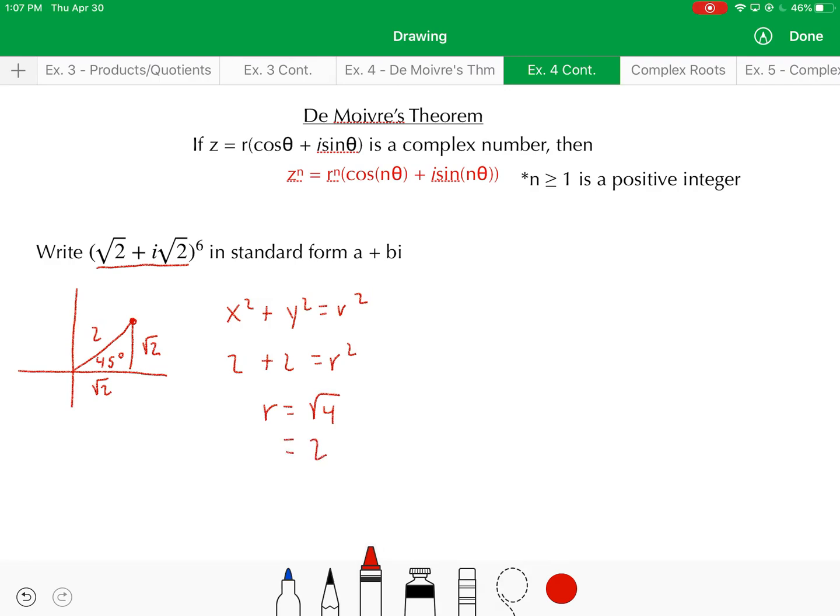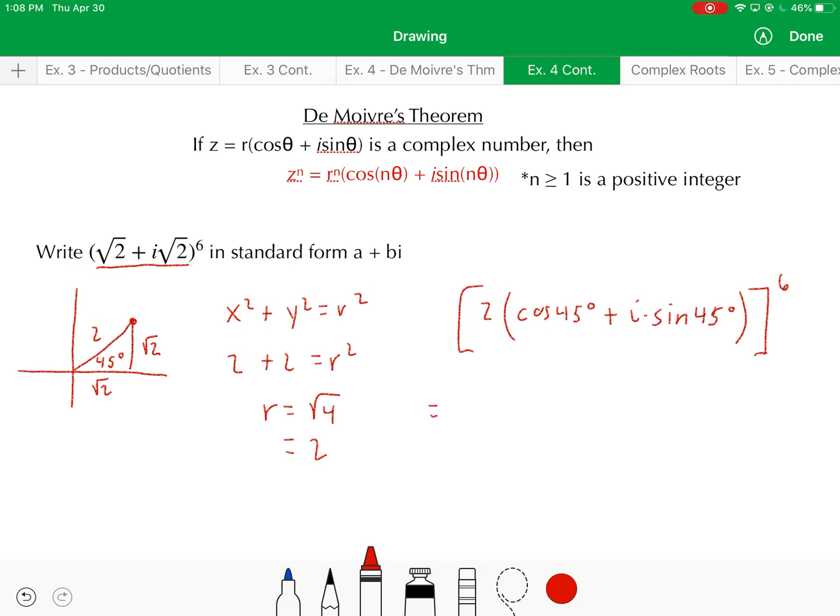Okay. So really what I'm working with here is 2 times cosine of 45 degrees plus i times the sine of 45 degrees. And I now want to raise that to the 6th power.